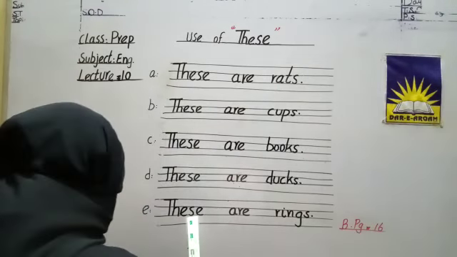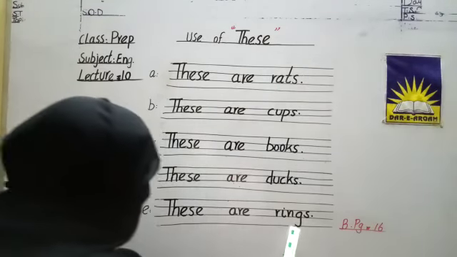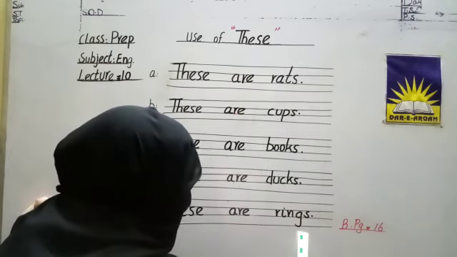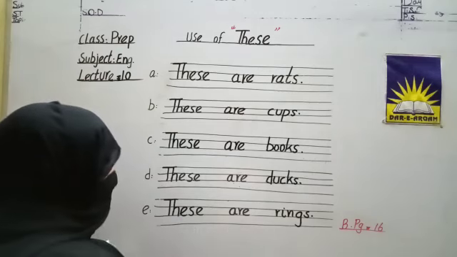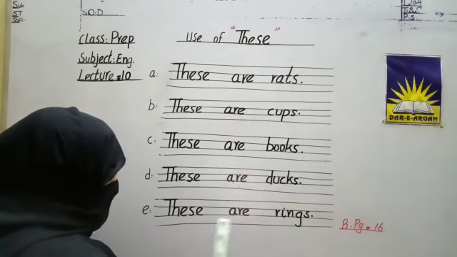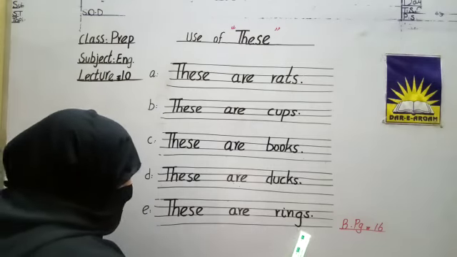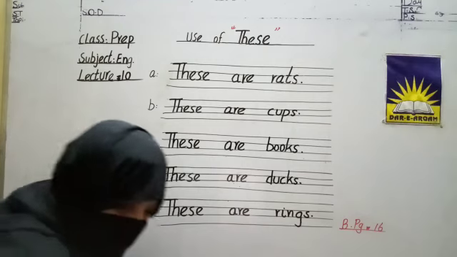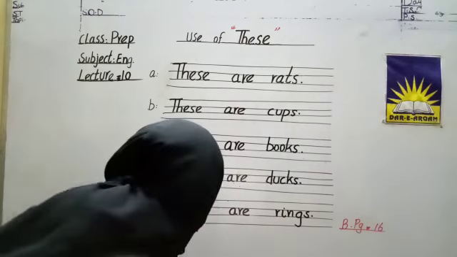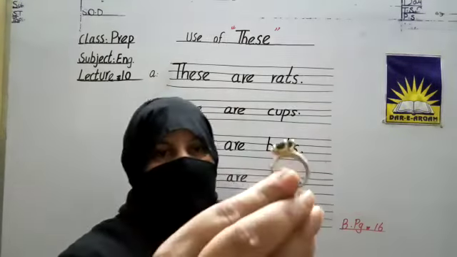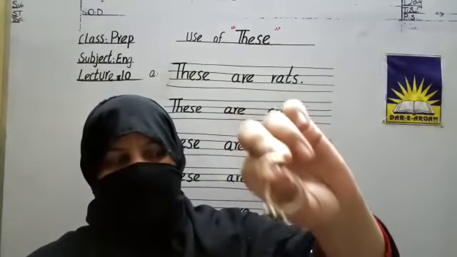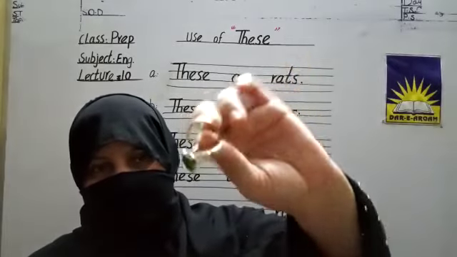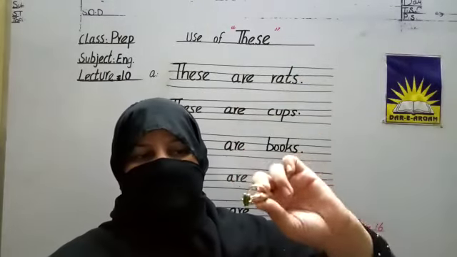Tell me, rings. Good, excellent. These are rings. Students, I show you rings. 1 and 2, two rings.